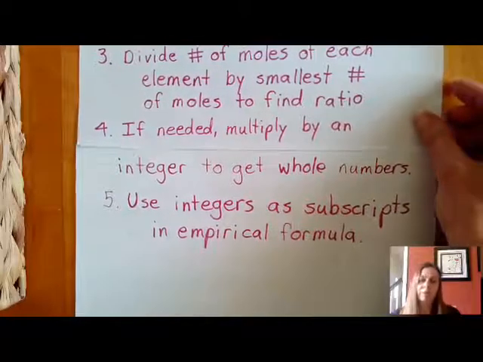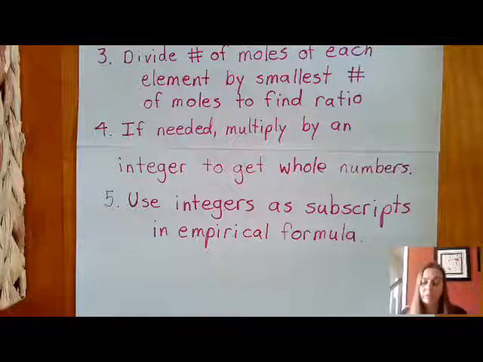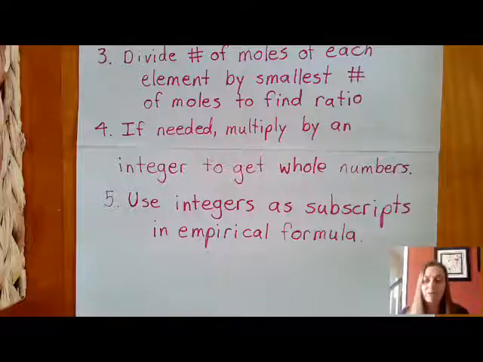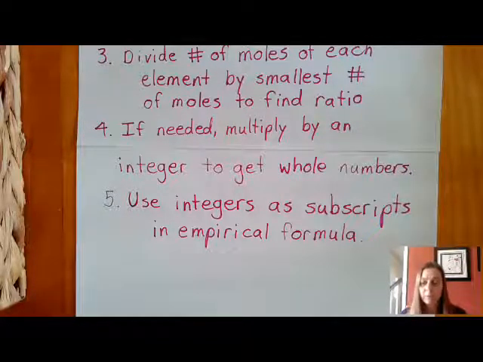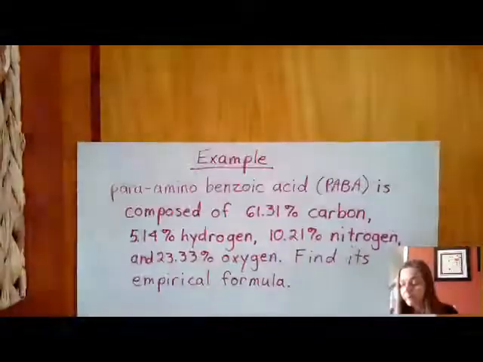So if one of those numbers, for example, was 1.5 or 2.33, then we would multiply, if it's a half, by 2, if it's a third, by 3, in order to get whole numbers. And if we multiply one, we have to multiply all of them. And then finally, we're going to use those integers that we get from that result as the subscripts in our empirical formula. So let's take a look at an example, and we'll work through the process.